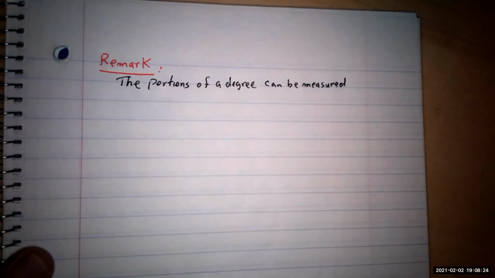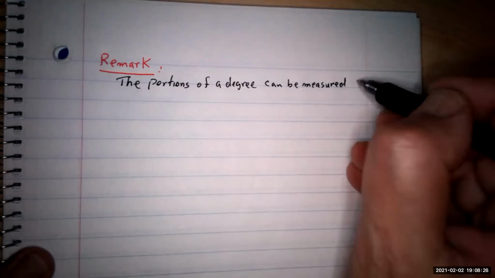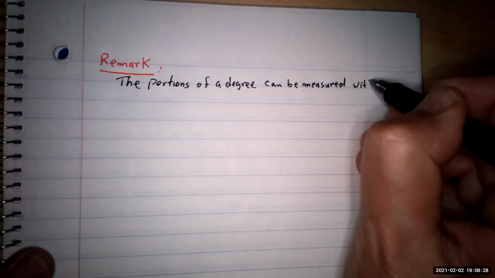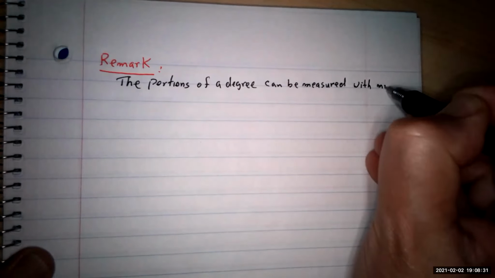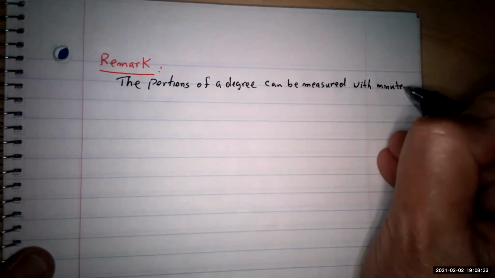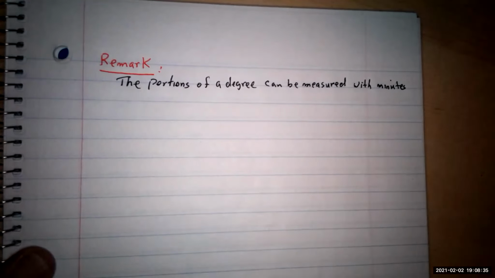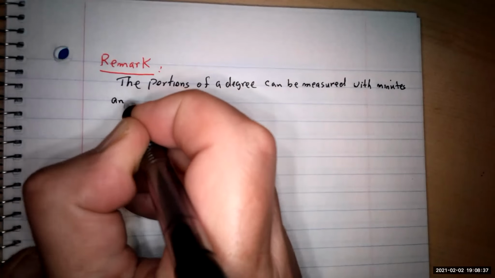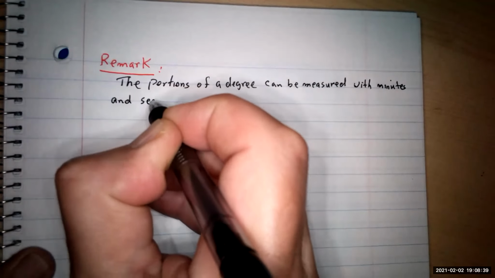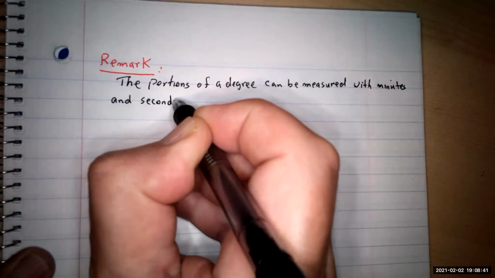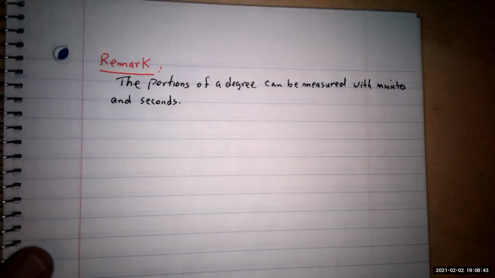So the portions of the degree can be measured with minutes and seconds. Now, how are we going to do it?